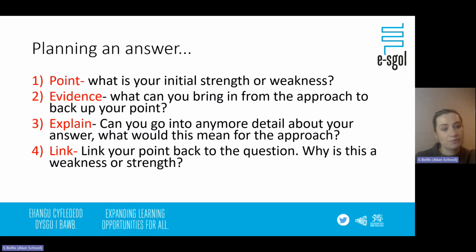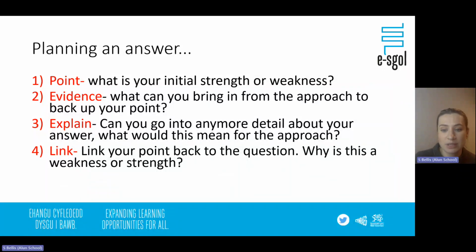So you've said your point, you've got your evidence, you've given a really chunky explanation as to why that is a strength or a weakness, and then you've linked it back to the question. If you were to follow that each time for each strength and weakness, you will be on to something really good here.